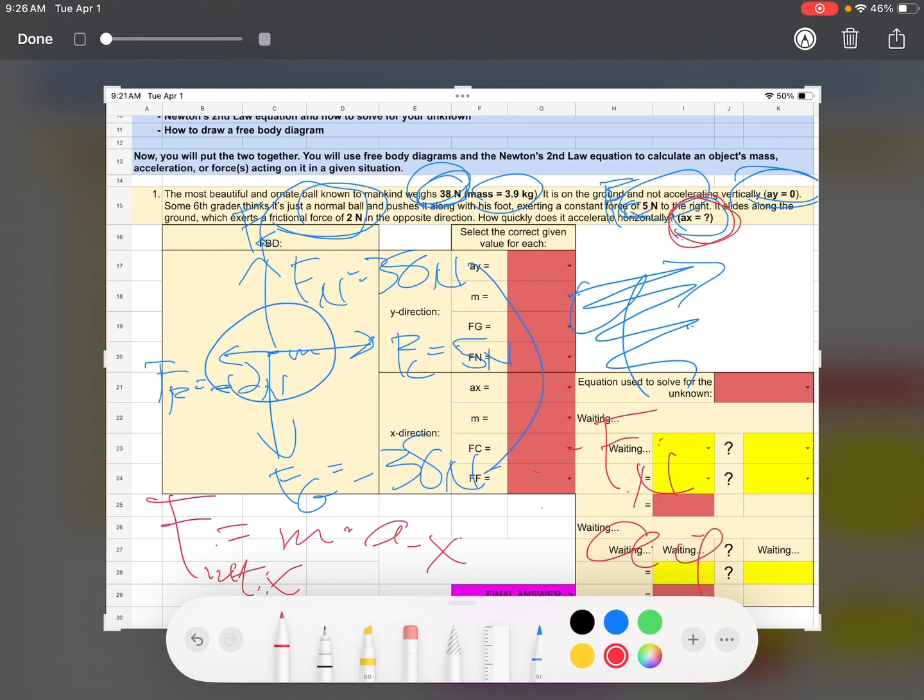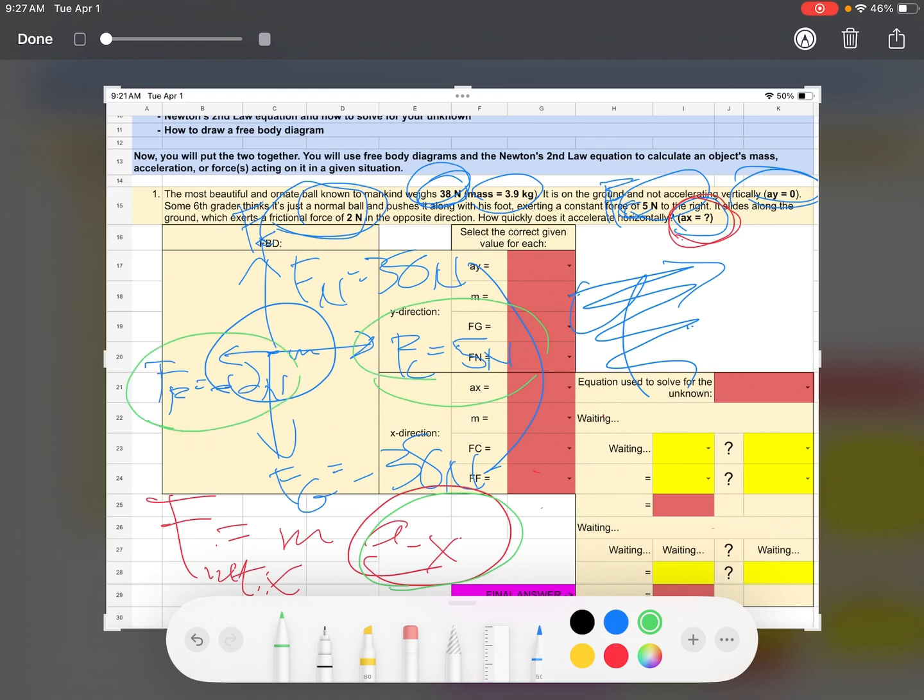So it depends on what you're solving for. If you're solving for something in the X, use all the X stuff. If you're solving for something in the Y, use the Y stuff. So if you're trying to solve for AX, use the X direction forces. What are the X direction forces? FC and FF in this problem.